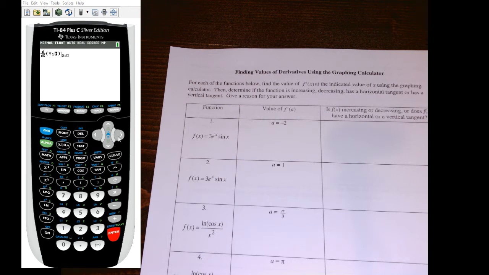Now, keep using your right arrow because we're going to tell it at what value of x we want. We're going to type in -2 because we want the derivative of the function we typed in y1 at -2, and you can press enter.